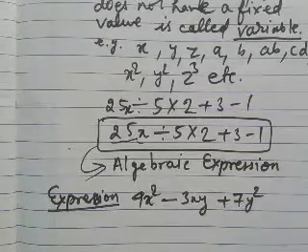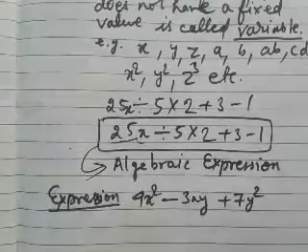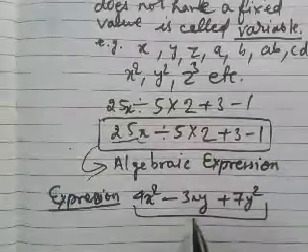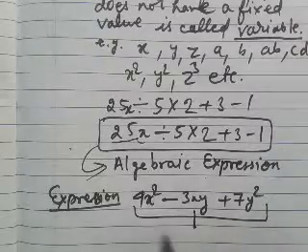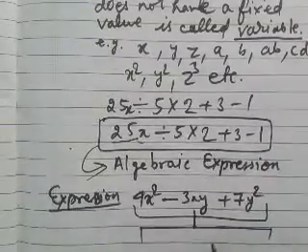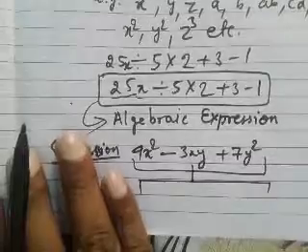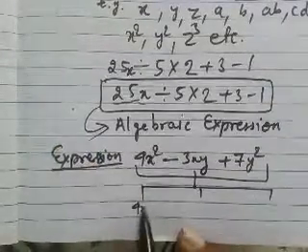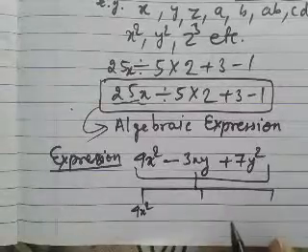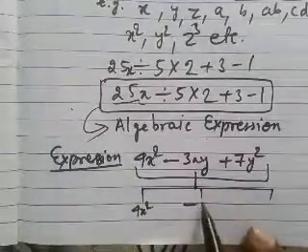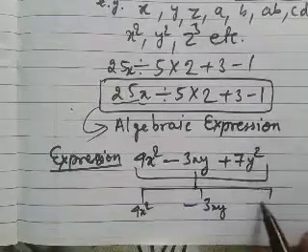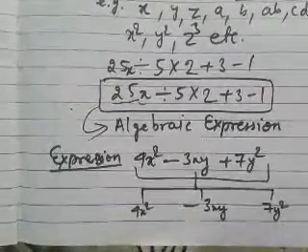What is a tree diagram? For example, suppose this is an algebraic expression and we split it up into three parts: this is 4x square, this is minus 3xy, this is 7y square.